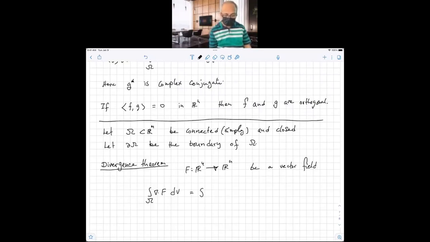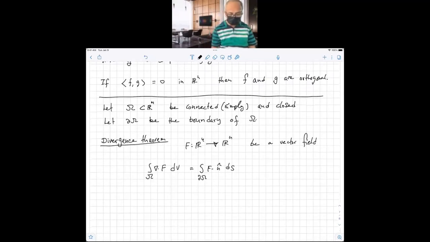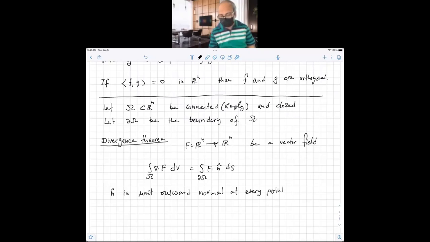It is equal to the integral on the boundary, delta omega, of f dot n hat ds, and n hat is the unit outward normal at every point of delta omega.